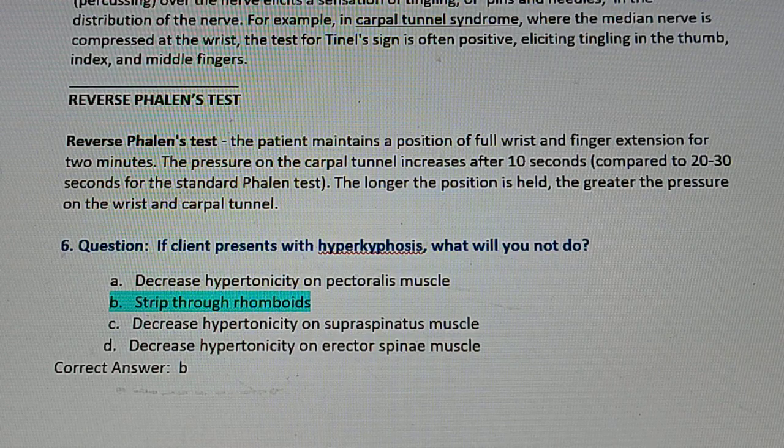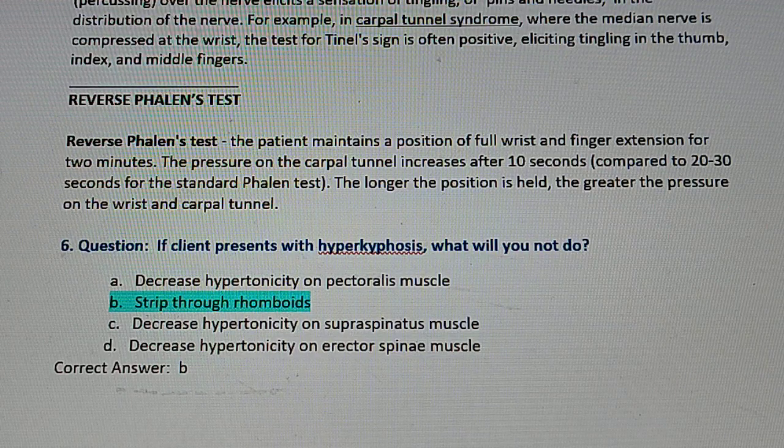Hypertonicity is tightness on the pectoralis muscle, which is the breast muscle. Okay, B, strip through the rhomboids. So do stripping techniques on the rhomboid muscles, which are the muscles on the mid back, between the vertebrae and the scapula. So that's where the rhomboid muscles are.